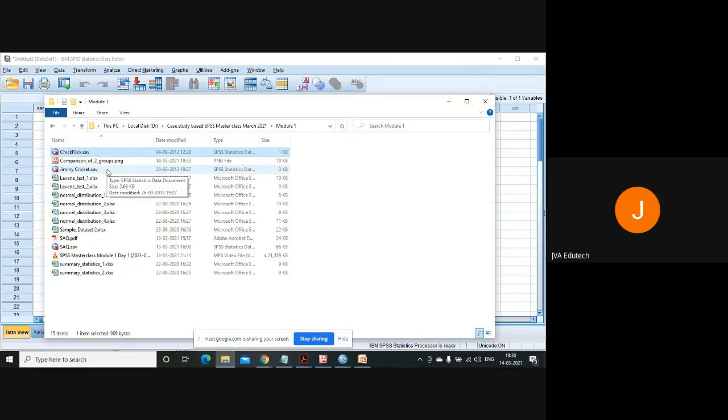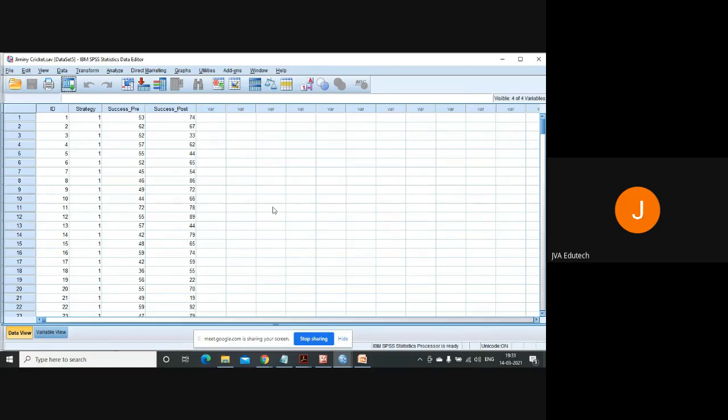Then we'll be moving on to building the graphs and charts. Have you got this data set?